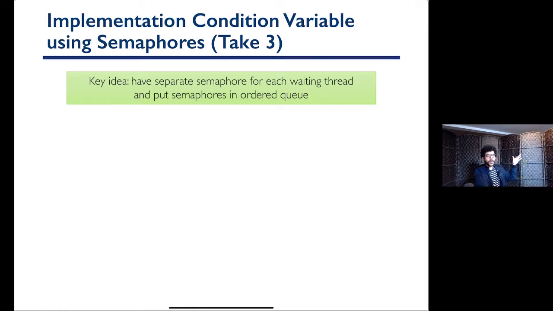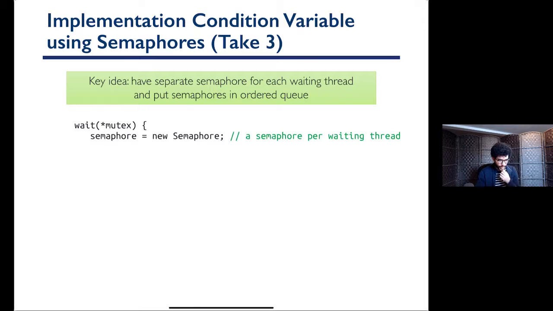The last one, if you remember, that we created to not allow writers to starve was to have this queue of CVs and have each writer have its own CV and then put all these CVs into a queue. So let's do that.